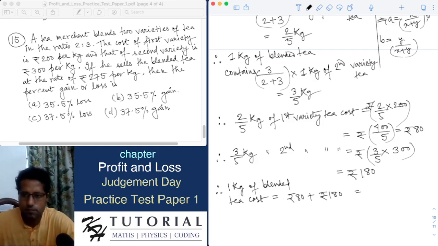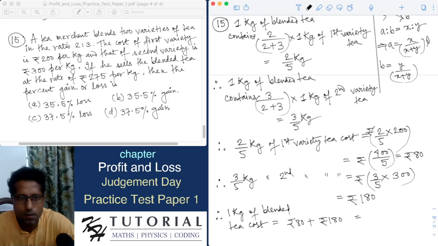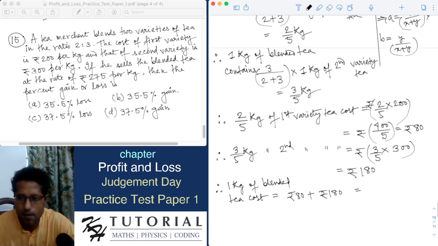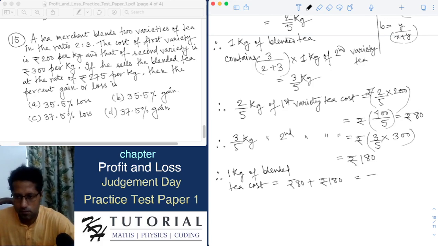Let me check again: 2 by 5 into 200 is 80, and 3 by 5 of 300 is 180. Okay, so this is rupees 260.